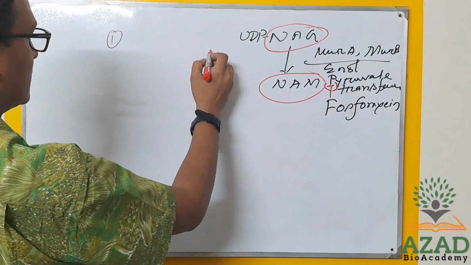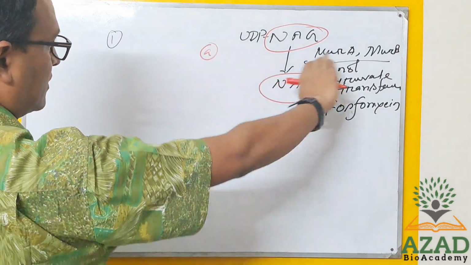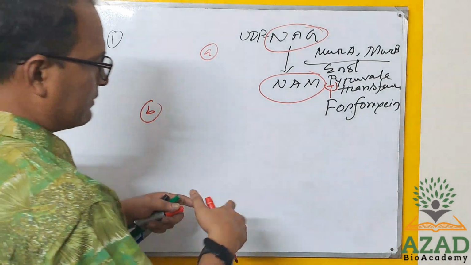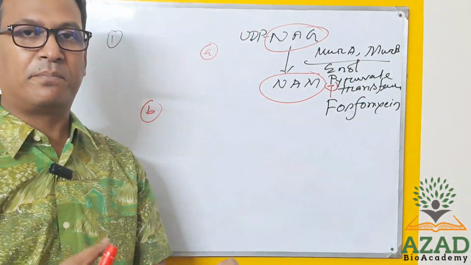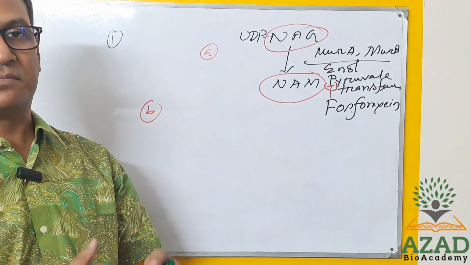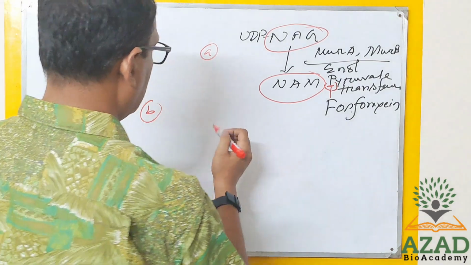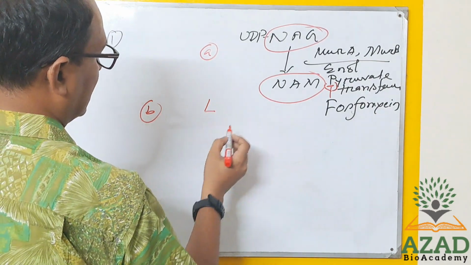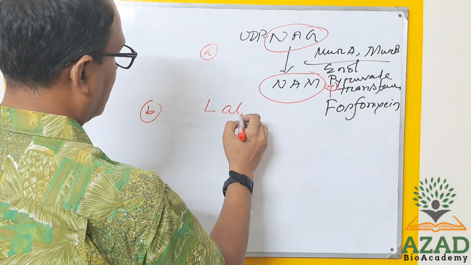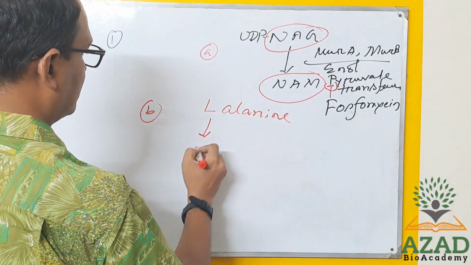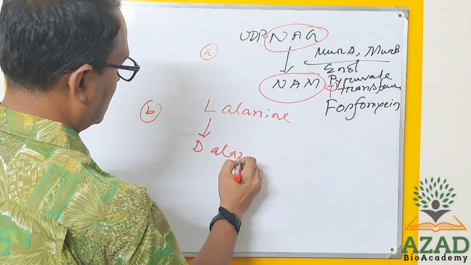So this is A, you can say the one. B is, in bacteria, the use of D-alanine is very prominent compared to humans. L-alanine should be converted to D-alanine.